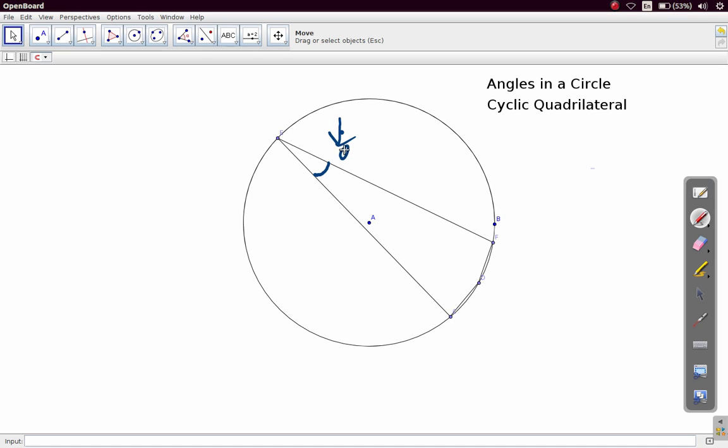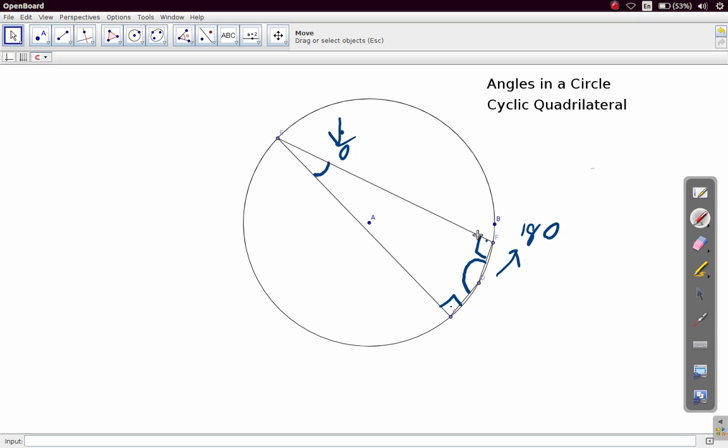It would be going down towards 0 as I move closer and closer. This angle would get large. It would lead up towards a straight line, 180, as I move closer and closer. So 0 plus 180 is 180. If I should go close enough, I would have a 90 degree here, and a 90 degree, they're getting closer and closer. At the same time, 90 plus 90 is 180.